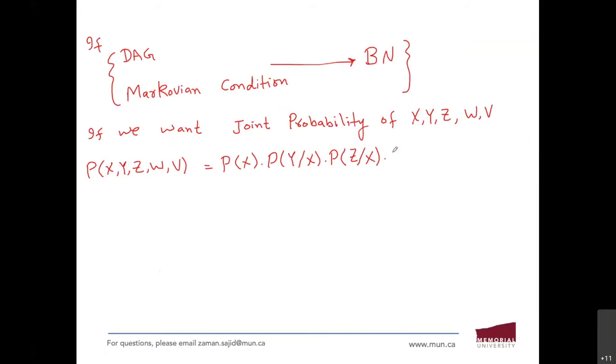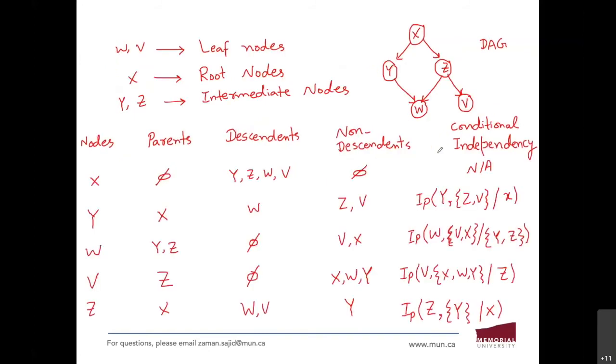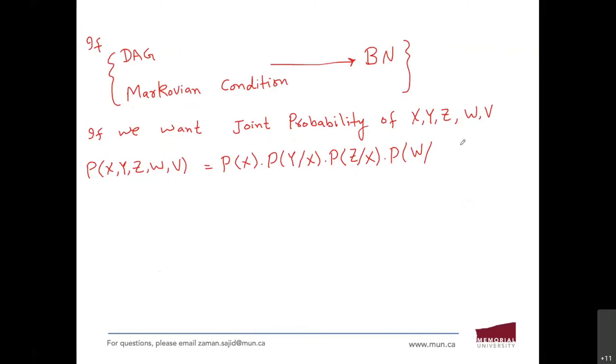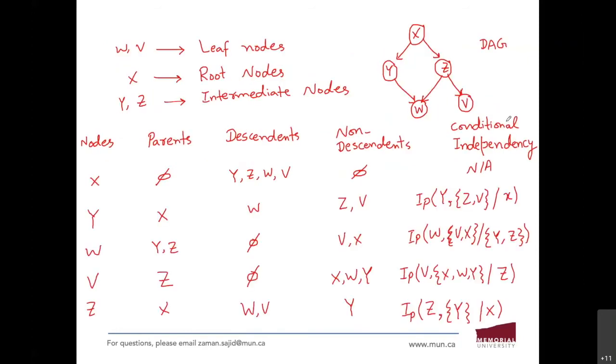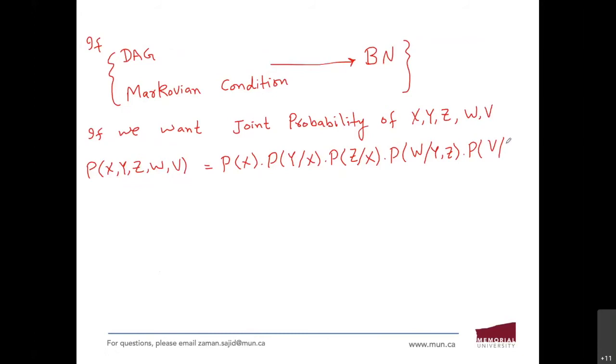Times the probability of W. Now W has two parents here, Y and Z. So it will be probability of W given Y and Z, multiplied by the probability of V. Now if you look at your network, V has only one parent, which is Z here. So that's how you find out the joint probability of your network.